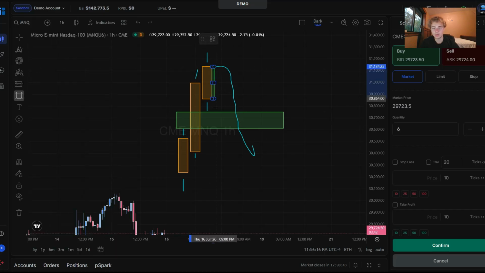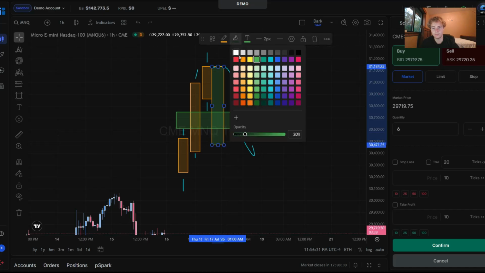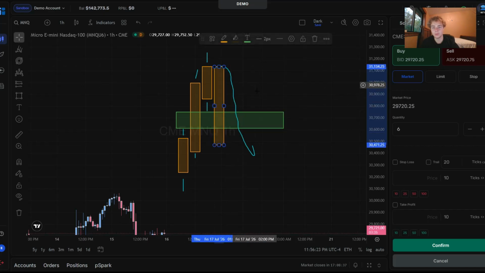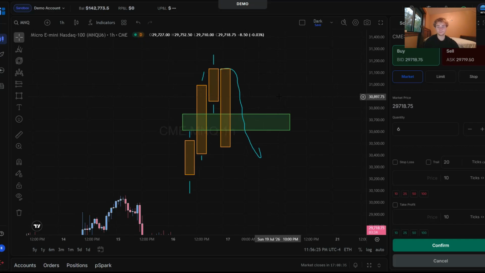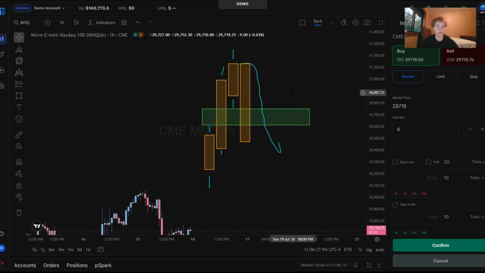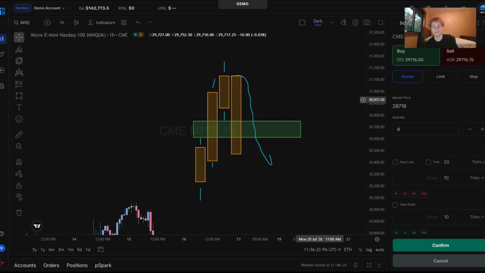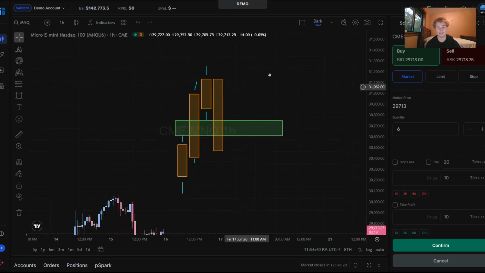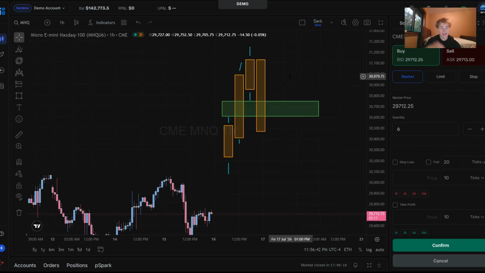Price could come down here and close below. That is what we call an inverse fair value gap. So it's fair value gap and then respected continuation. But if that fair value gap is inversed like this, that's called disrespected or invalidated. And then it is expected to go down.